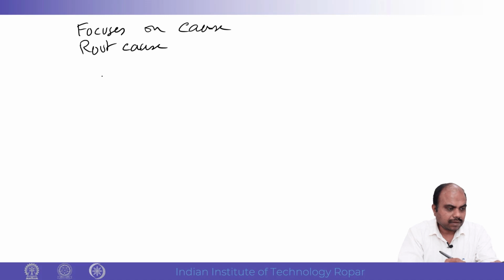The main intention is to work on this root cause, get the solutions, and then remove this cause. So ultimately we are getting an improved effect or solution. So cause to eliminate, then we are going to get the effect which we need.